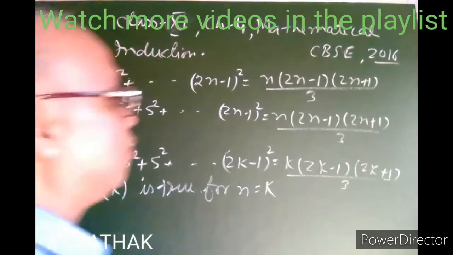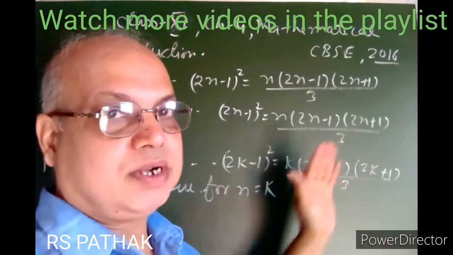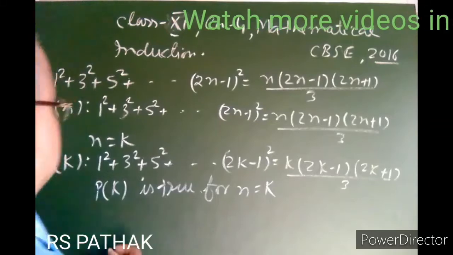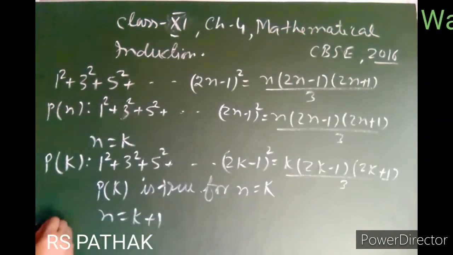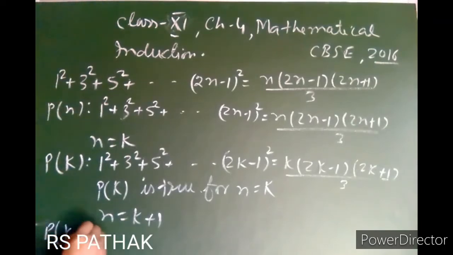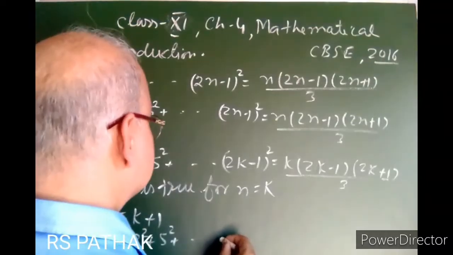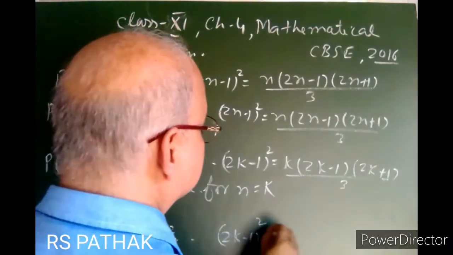Now we will prove for the next. Next means after k, which means k plus 1. For n equal to k plus 1, we can write Pk plus 1 as 1 square plus 3 square plus 5 square dash dash dash plus (2k minus 1) whole square.